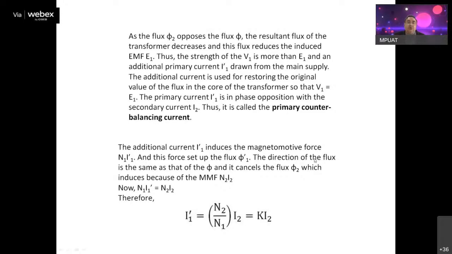Now what happens? This flux phi2 opposes the main flux phi, and what happens when opposition is there? What will happen to the resultant flux?